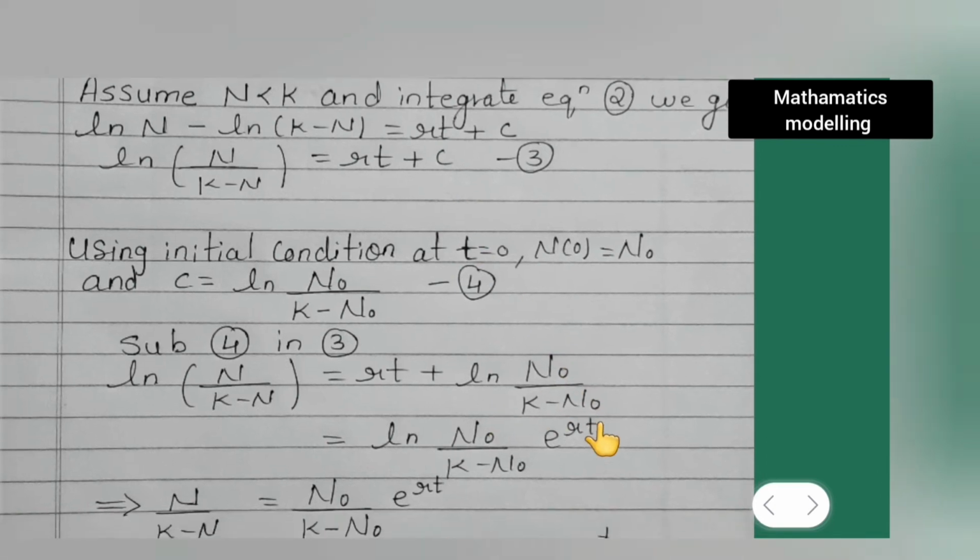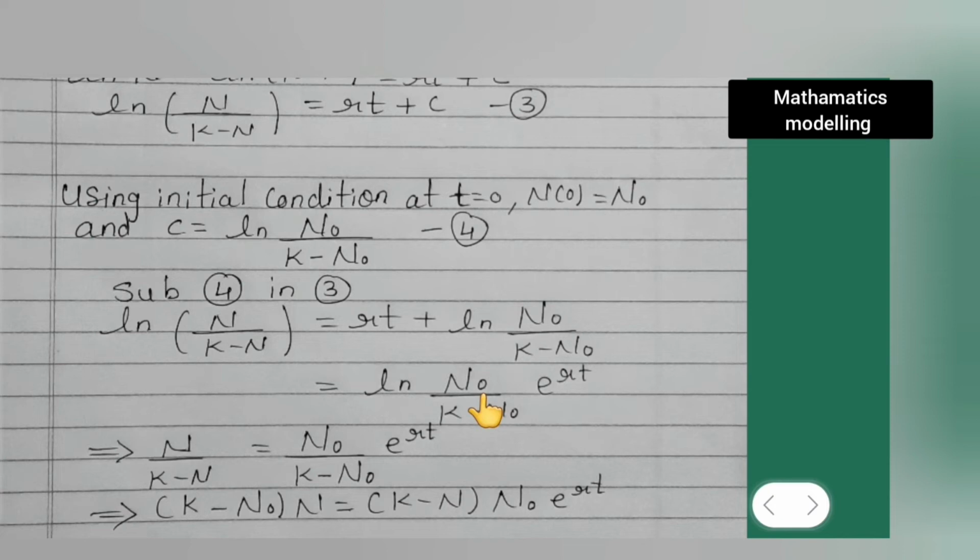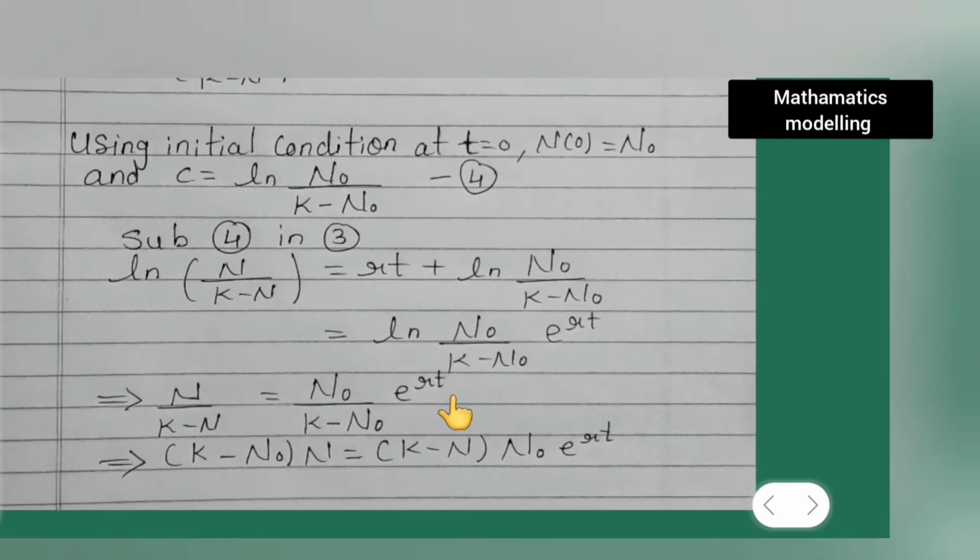So basically, ln of N upon (k minus N) is equal to ln of N naught upon (k minus N naught) plus rt. Now ln will go to the other side, so N upon (k minus N) will remain over here, equal to N naught upon (k minus N naught) e raised to the power rt. Write it as it is. Then this implies that (k minus N naught), take this over here and take this over here.